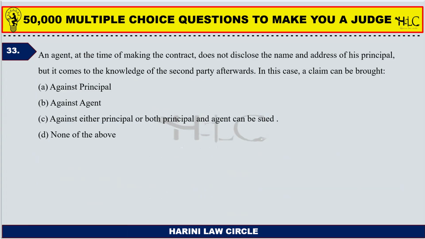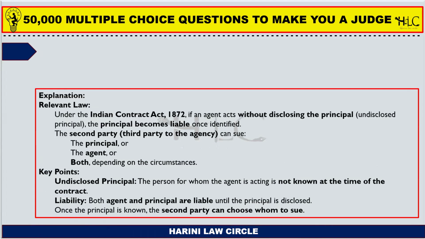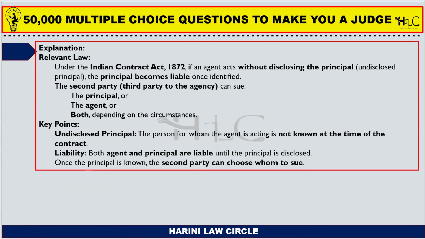The principal is liable for any act or omission done by the agent. So either the principal or both the principal and the agent can be sued in such circumstances, as the name and address of the principal was not mentioned. If the other party could have known the name or the address of the principal, he would not have got into the contract at all, right?